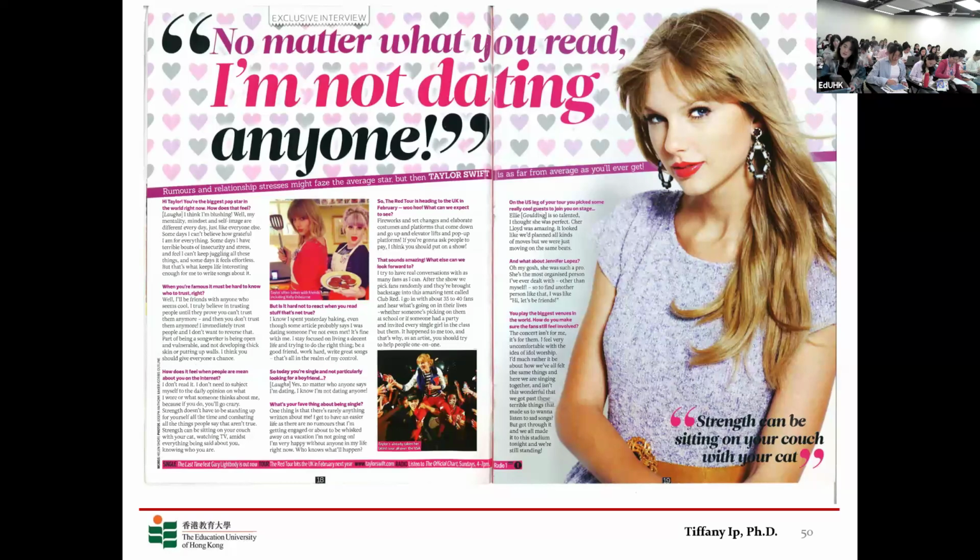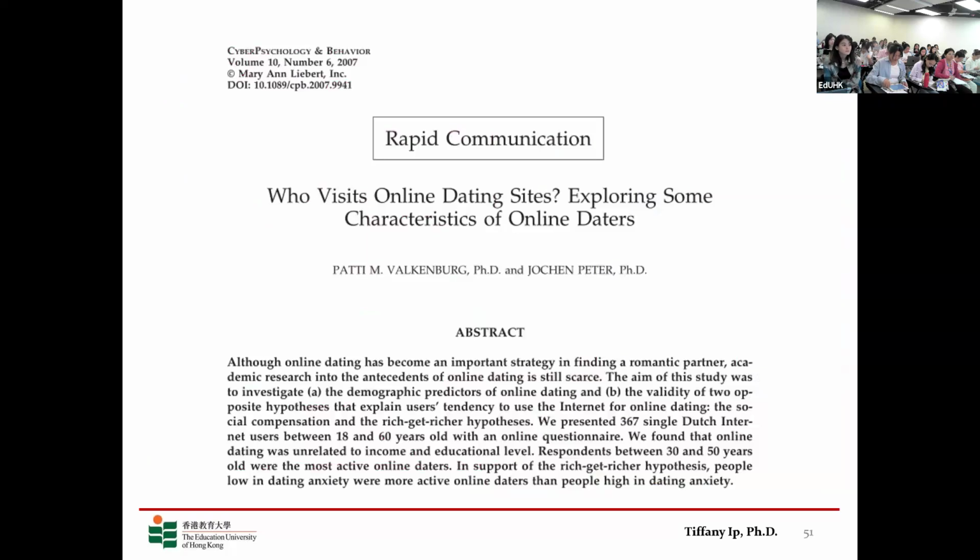If the words for this are too small, just maybe focus more on this one. Look at the abstract.